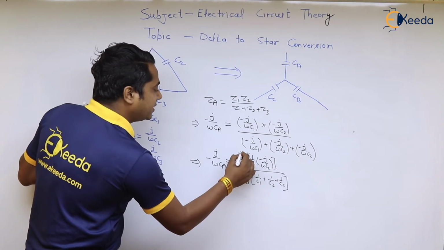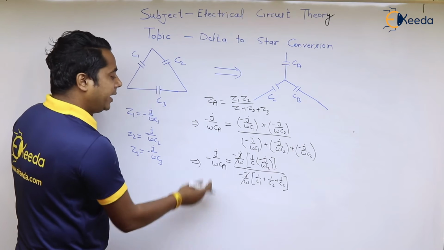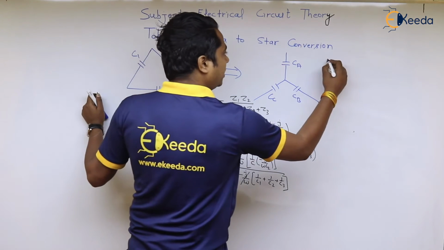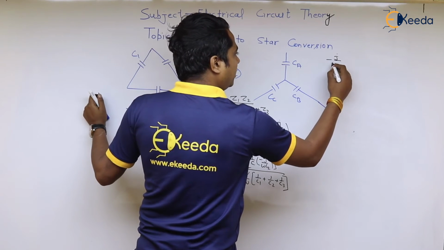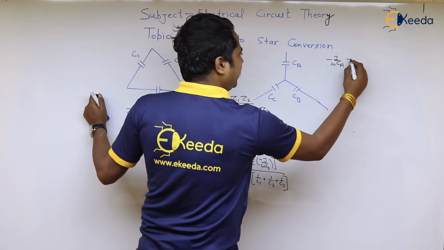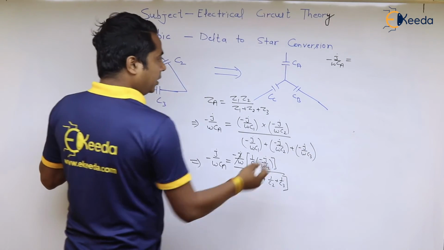Minus j upon omega will be cancelled out and 1 is remaining. So here minus j upon omega CA will be equal to this.